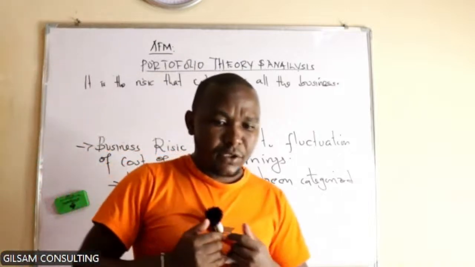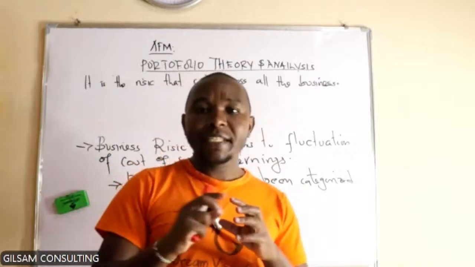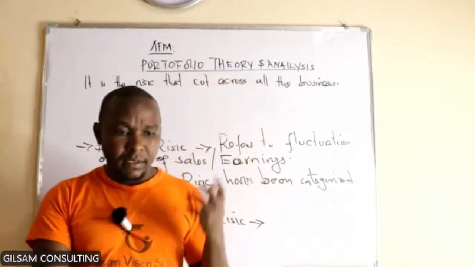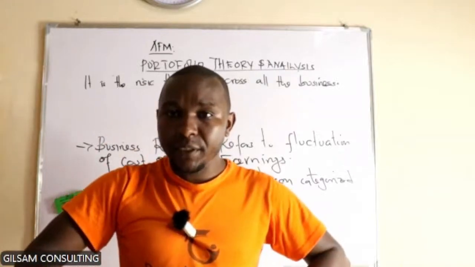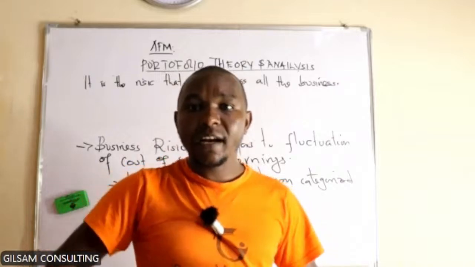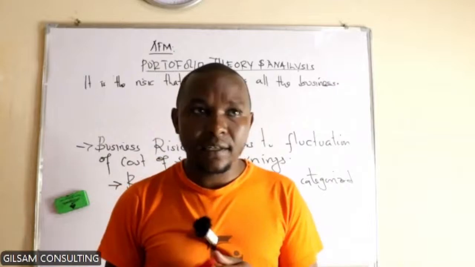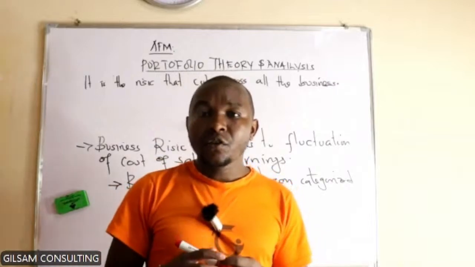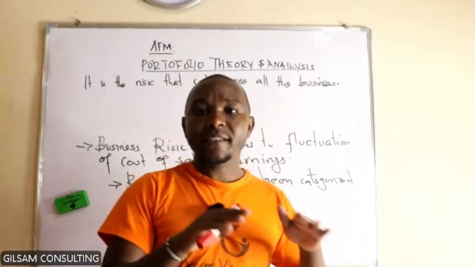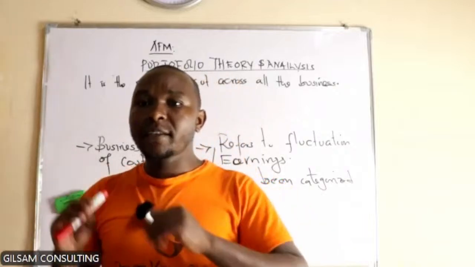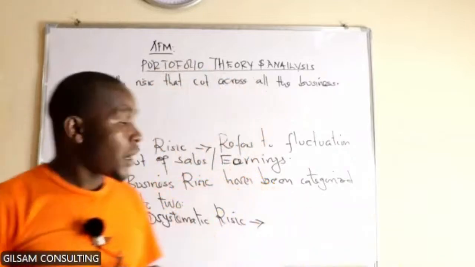When we say the risk which cuts across all the business, it affects all the investment. For example, a flood, or currently we are seeing a lot of war in Israel. Those are the kind of risks which affect every business, whether it is a service industry business or a manufacturing industry, it affects all the business.